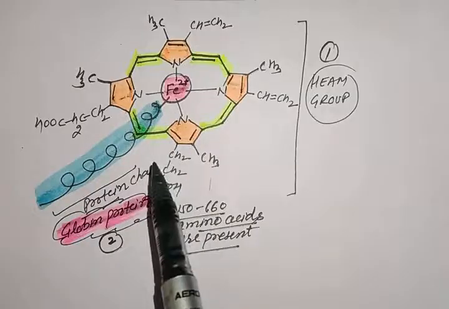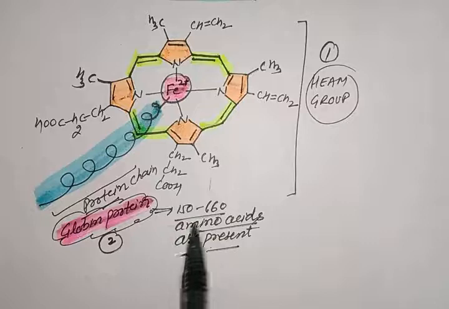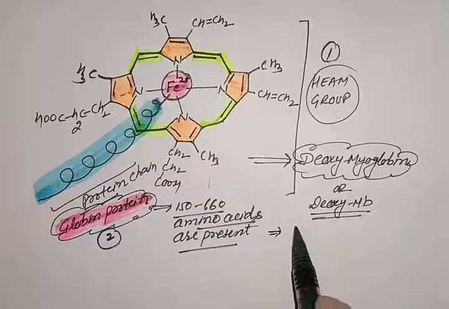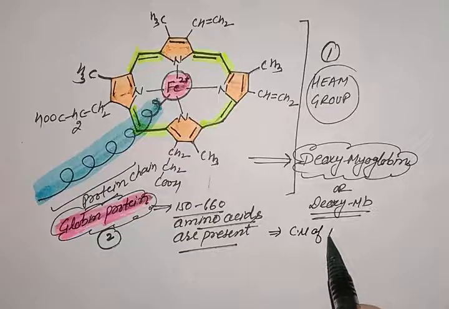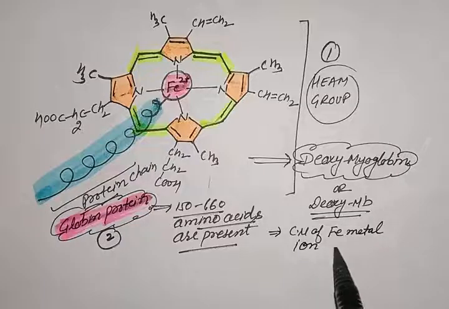So now this structure is called deoxymyoglobin. In deoxymyoglobin the coordination number of the iron metal ion is 5.